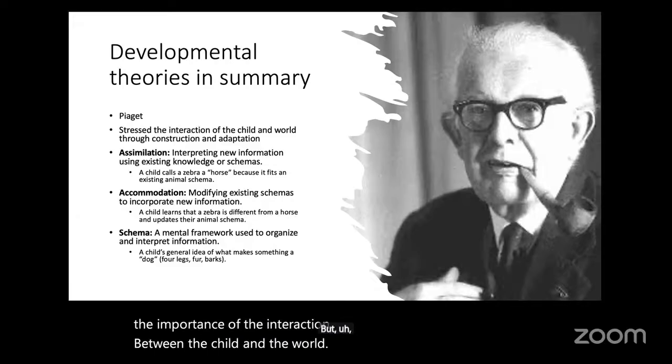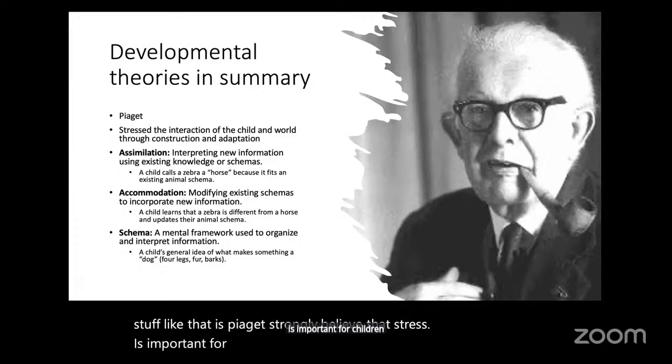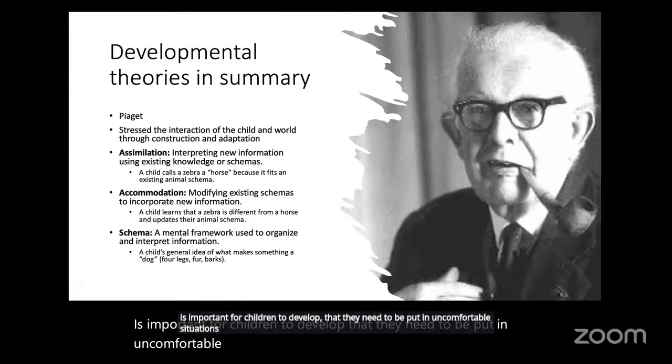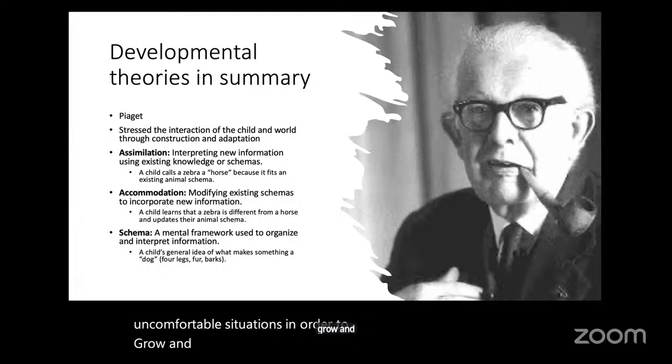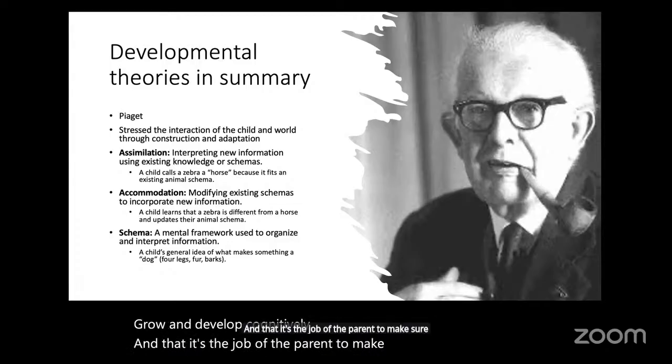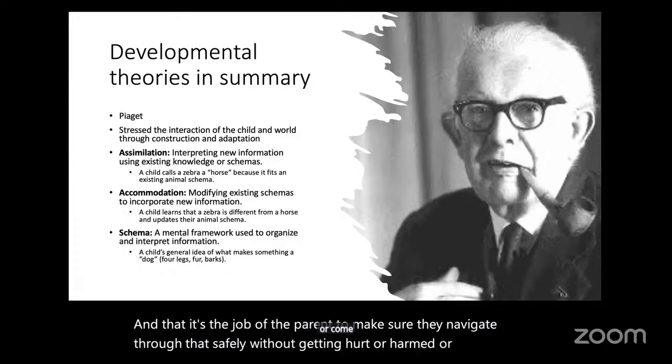But unlike a lot of parenting techniques of modern times, Piaget strongly believed that stress is important for children to develop, that they need to be put in uncomfortable situations in order to grow and develop cognitively, and that it's the job of the parent to make sure they navigate through that safely without getting hurt or harmed, or come to an understanding of it.